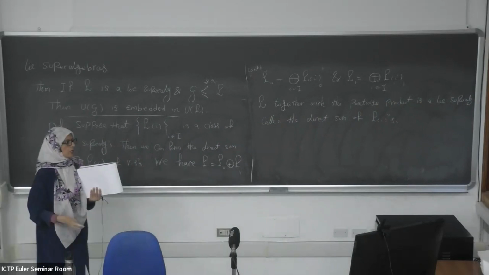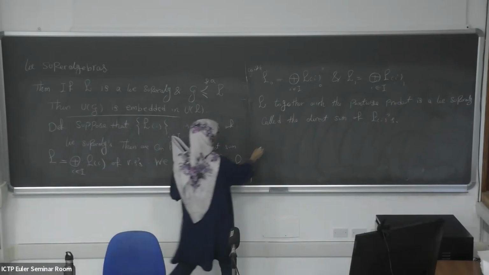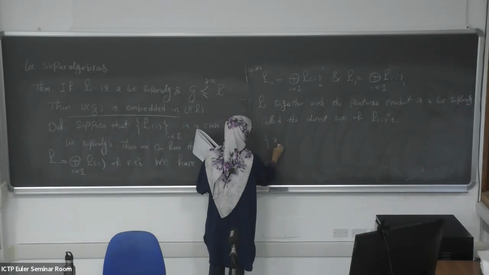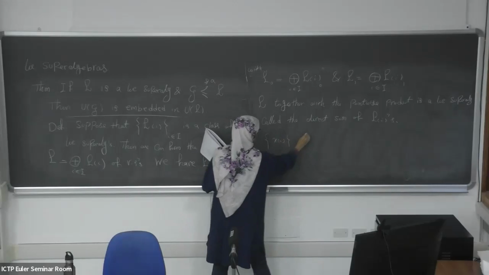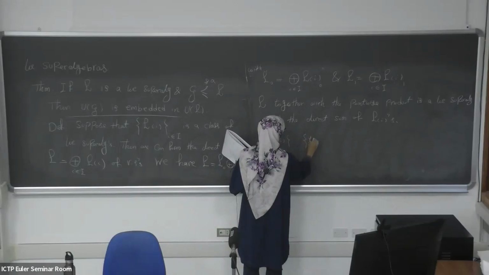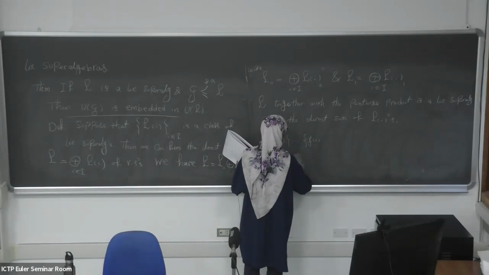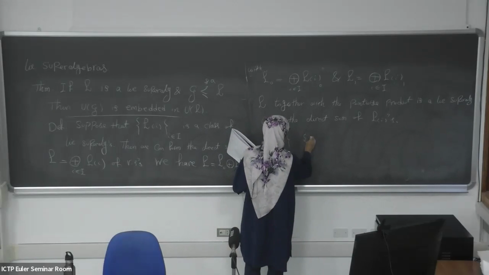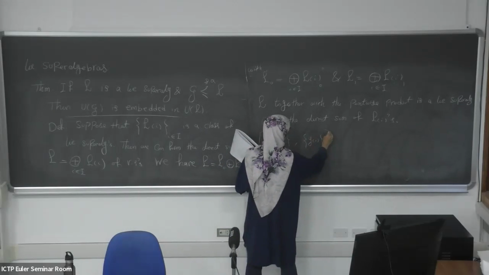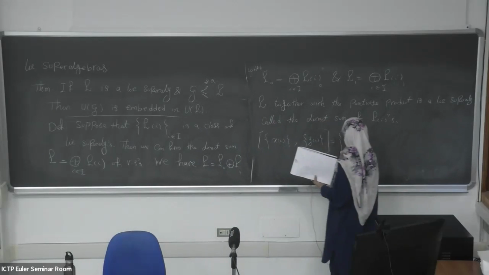Okay, if you have two elements like this and yi, the bracket is just this.